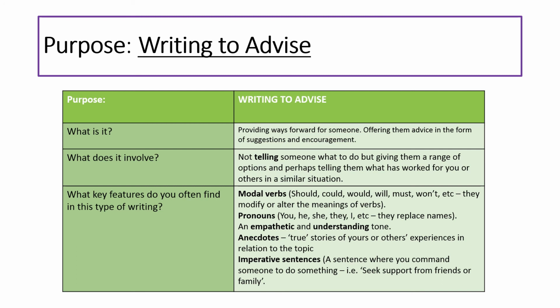Now, this might seem strange given I've just told you not to be too assertive, but imperative sentences are commands. So you could use this to actually help people to do something. So seek support from friends or family. So it's being quite firm, but at the same time, it's also being quite gentle and helping people take action. So they are some key features for writing to advise.